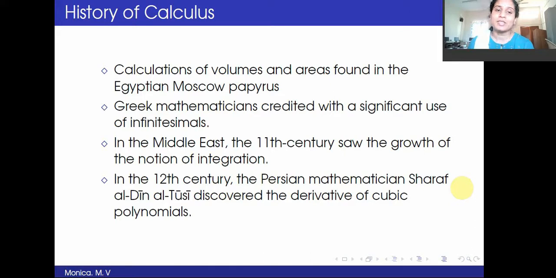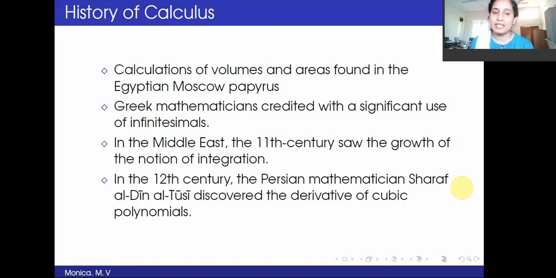Calculus dates back to the Egyptian civilization era, with the calculations of volumes and areas found in the Egyptian Moscow papyrus. Further, Greek mathematicians were credited with a significant use of infinitesimals. Infinitesimals means a very small quantity, maybe a number 0.01, 0.0001.